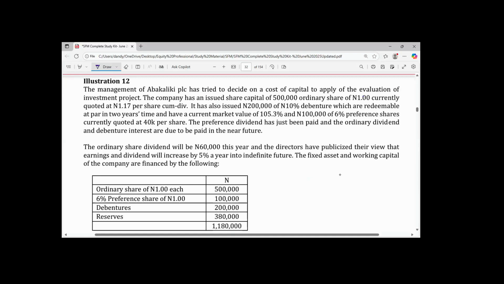Then step 2 is to ungear the beta if it is geared. The beta in step 1 will be geared if the proxy company has debt in its capital structure. If the proxy company has a form of debt like bond, debenture, loan note, or bank loan, in this case, it means that the beta of the proxy is a geared beta, which means you need to ungear it.